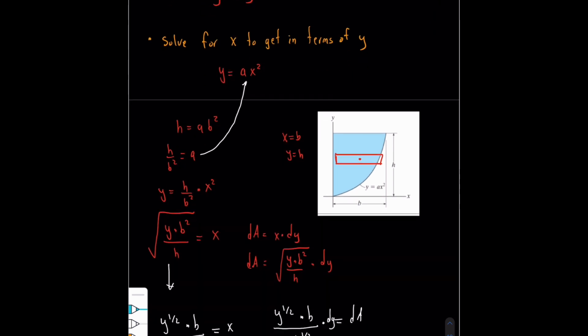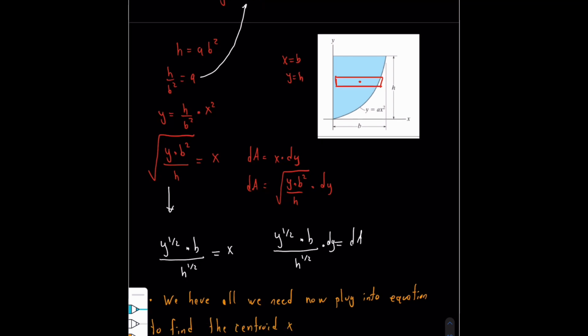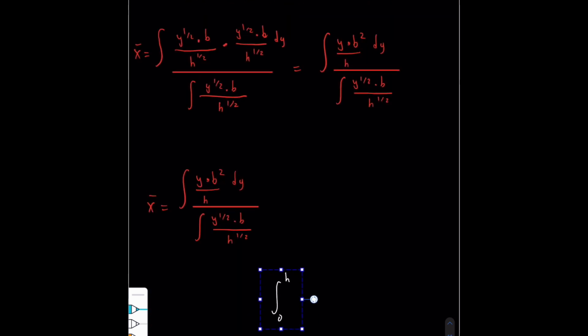So bring this over here. Here's h and here's 0. These limits are the same, from h to 0. Okay, now I could take these integrals. I hope my calc 2 isn't too bad. Here, y^(1/2) is equal to... Oh, caught another mistake.